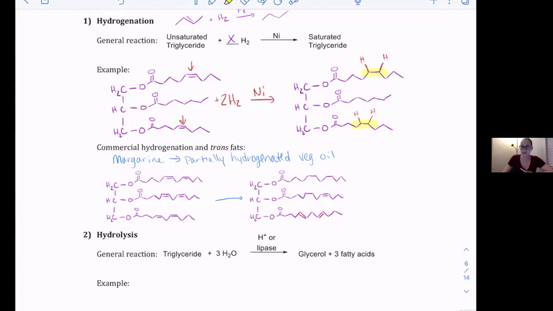It's nice and liquidy. Doesn't really turn into a solid ever. We take that liquid vegetable oil that has a variety of different saturation elements within it. So I just drew an example here where we have lots of double bonds, and you're going to do a partial hydrogenation process.